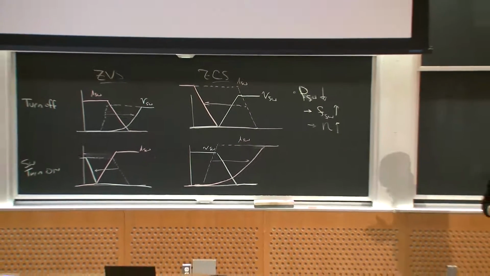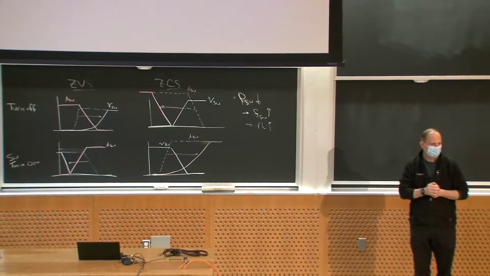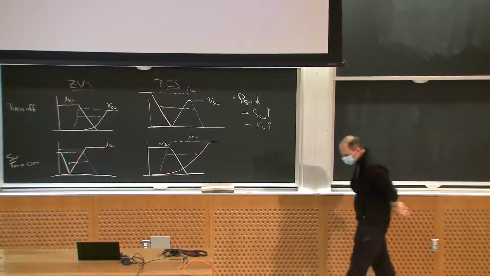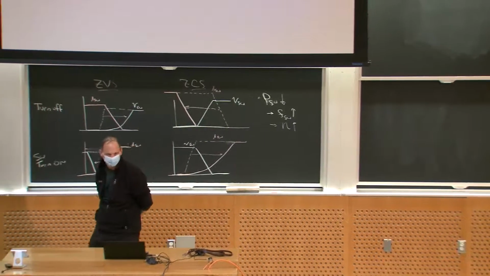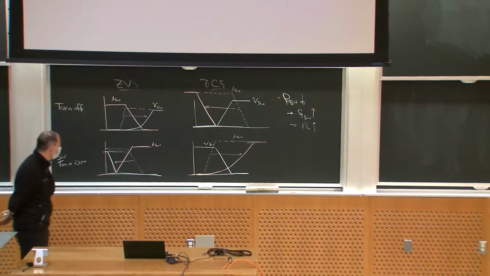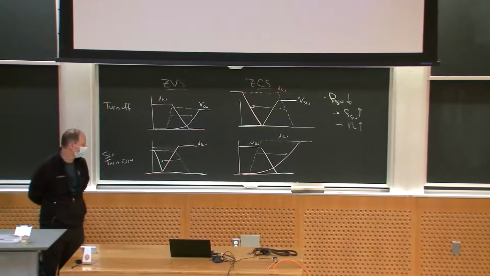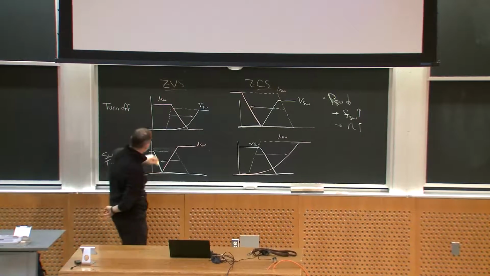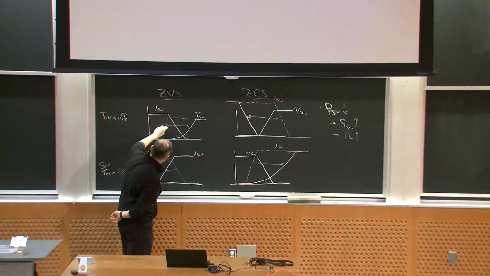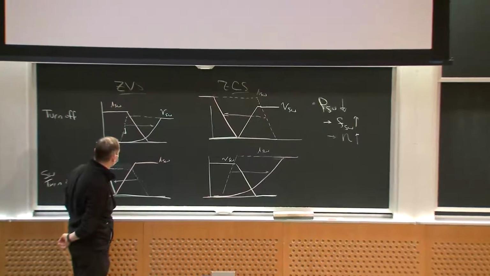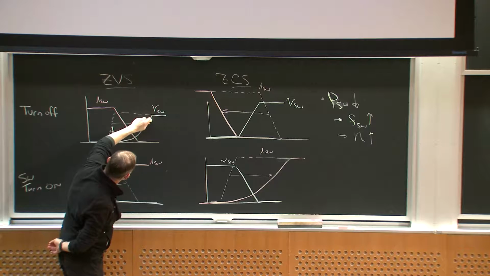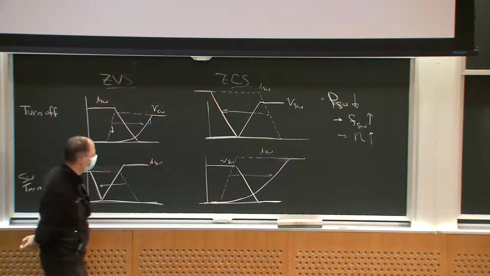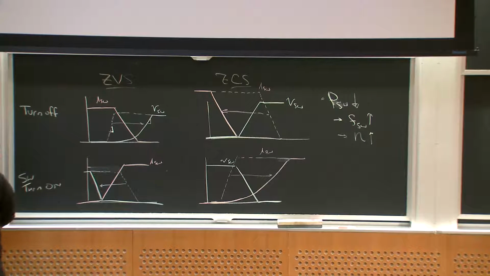A second reason to do soft switching is a little bit more subtle. We spent a bunch of time talking about EMI, right? And one of the things is, for a given switching transition, if I had a very rapid, say, dV/dt here, if I'm going to soft switch, usually what I'm doing is I'm arranging so that the voltage slope is lower.